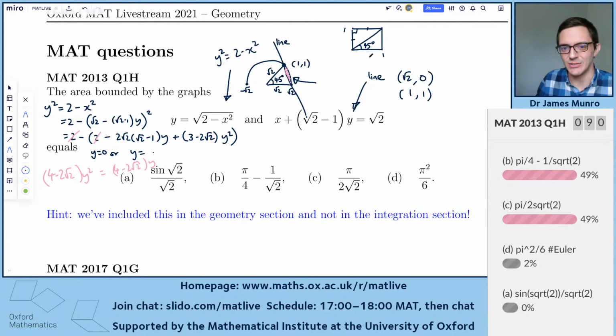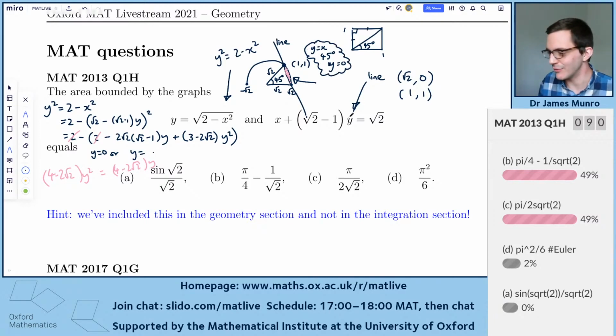But really it's because I've thought about the line y equals x before, and I just know that the line y equals x is at 45 degrees to the line y equals 0. That's just come up for me before in my life, so I could just write down 45 degrees without thinking too hard. I'm going to put a blob around that. It's something I'm thinking. That's not clear at all, is it?